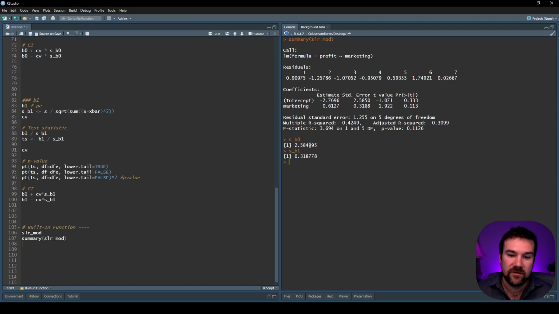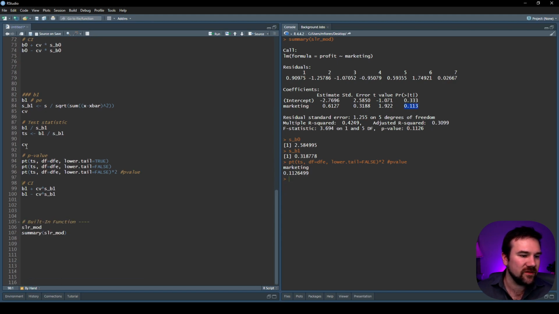Hopefully, if we calculated these correctly, note how quickly it is to find standard errors in the built-in stuff. It gives me my test statistics and it gives me my p-values. I guess I can check my latest p-value. I can't check the earlier one because I overwrote the TS variable with my new calculation. Anyway, I can check my p-value, and yeah, that all matches, that all works out.